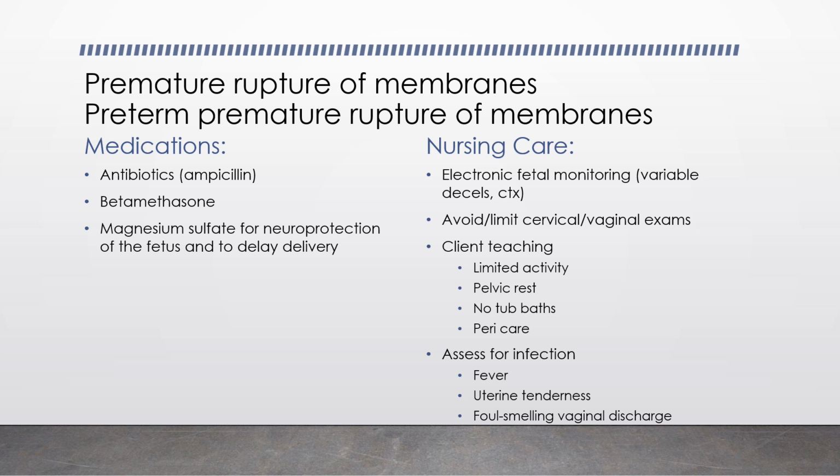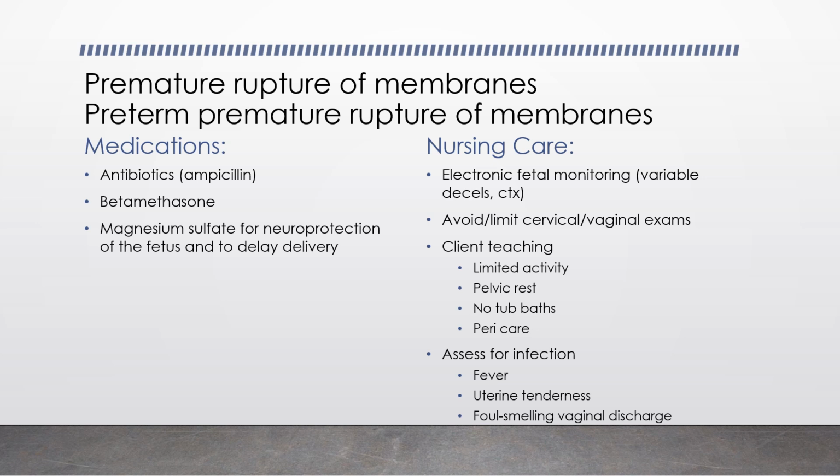To help prevent infection, more likely the provider will order antibiotics, also betamethasone because of the prematurity. And they may or may not order magnesium sulfate for neuroprotection. Another thing that magnesium sulfate does for the fetus is it helps protect against intraventricular hemorrhage.